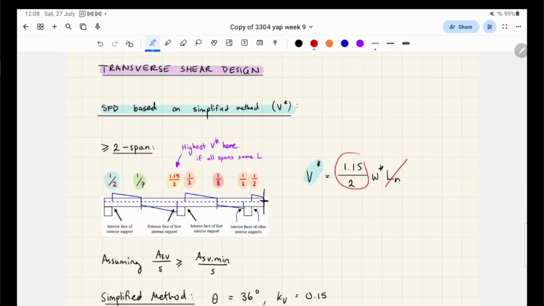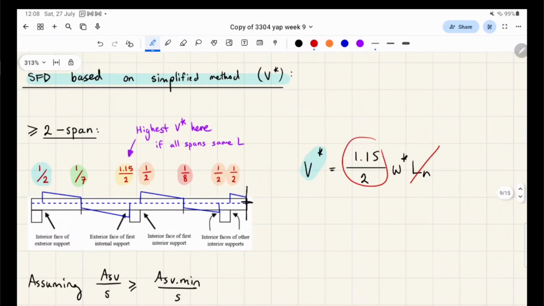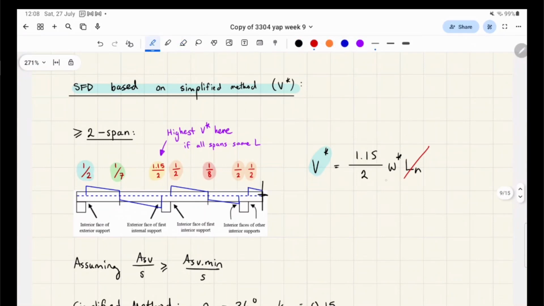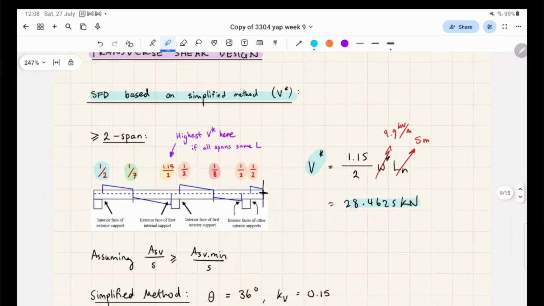It's a multiplication factor, 1.15 over 2, multiplied by W star, which we found was 9.9, and ln, which was written as 5,000 mm, but we'll write as 5 meters, because kilonewtons per meter multiplied by meters gives us 28.4625 kilonewtons.